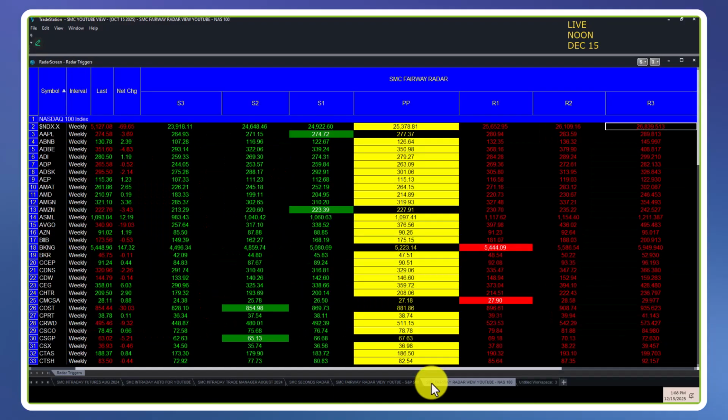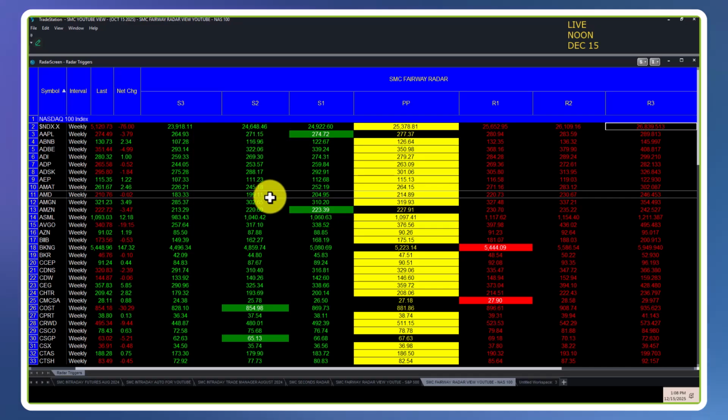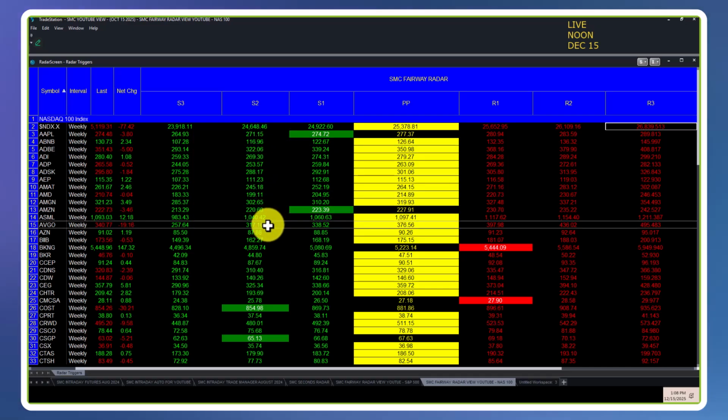But all right, so we've been up for an hour, and we wanted to chat about options and give you a view and show you the fairway radar. Now, this fairway radar in these price points can be put onto a chart, and you can get the daily pivots, the weekly pivots, the monthly pivots.